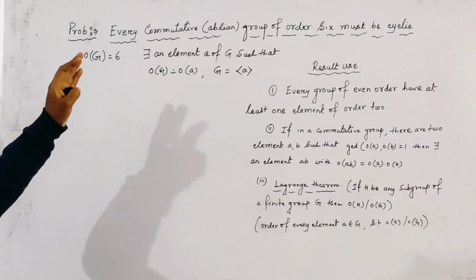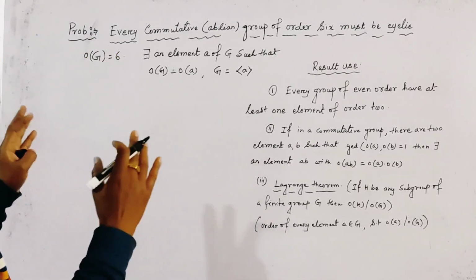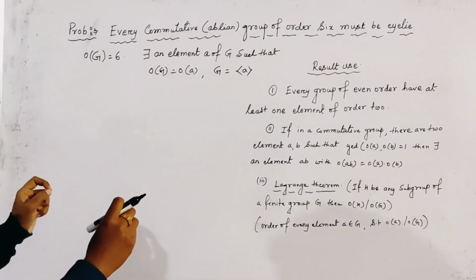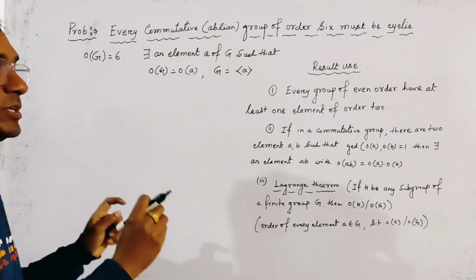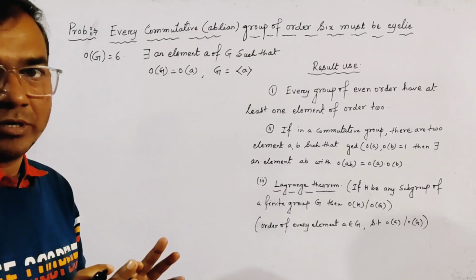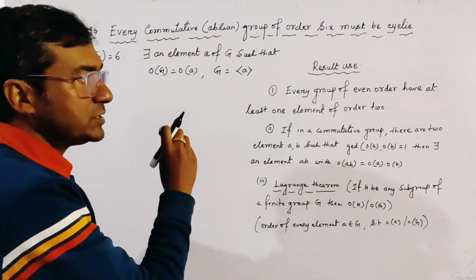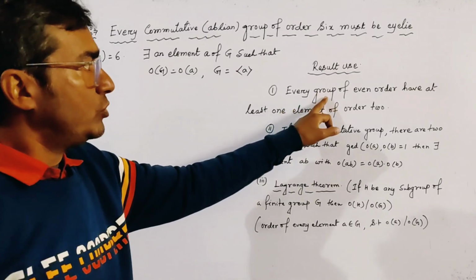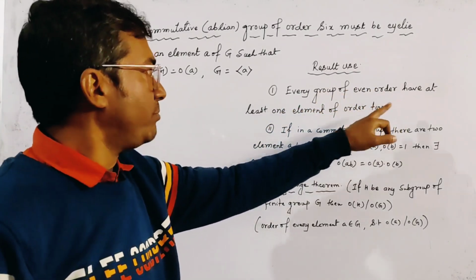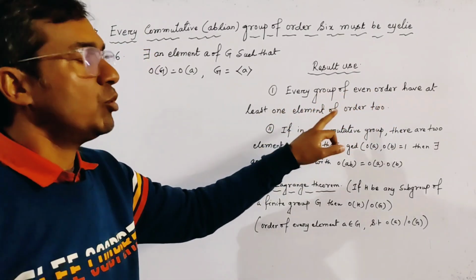We can prove this problem in many ways, but today we prove it using very basic concepts of group theory. We use three concepts here. The first concept is that every group of even order has at least one element of order 2.